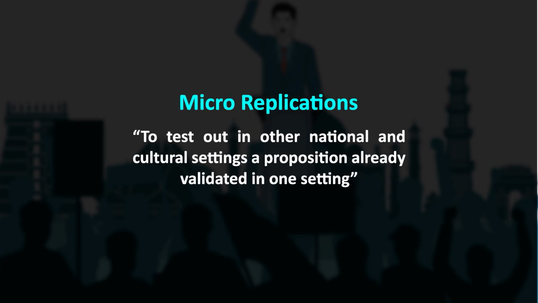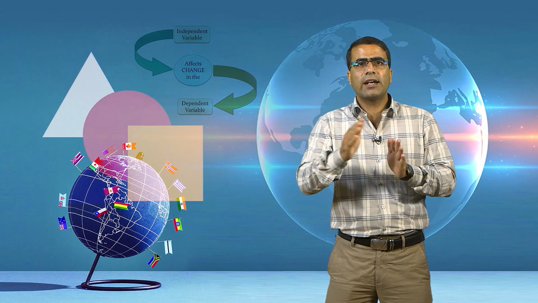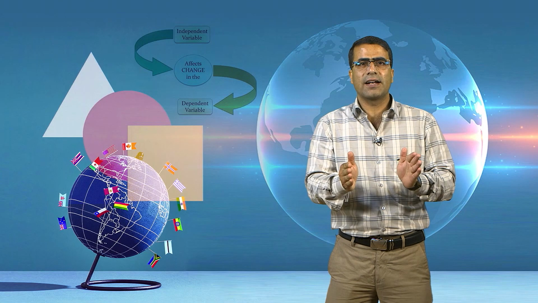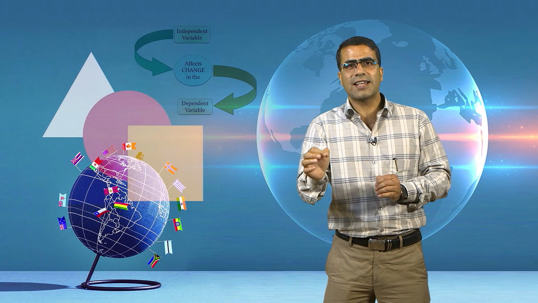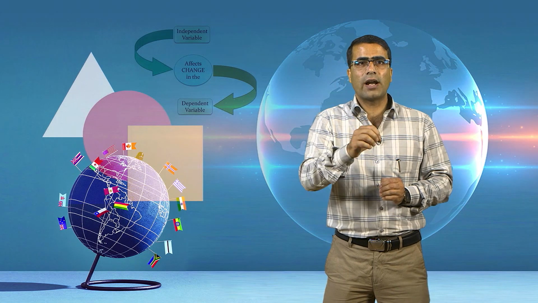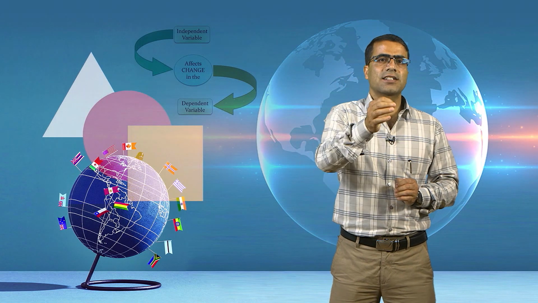The other is the micro replications designed to test out in other national and cultural settings a proposition already validated in one setting. Here too one can use the comparative method, but if the proposition in question focuses on individuals as units of analysis, one can also use the statistical method.